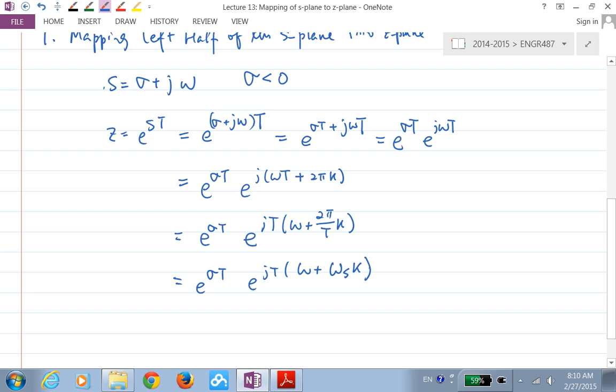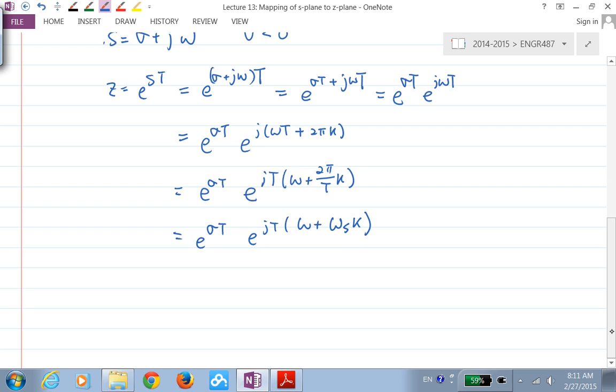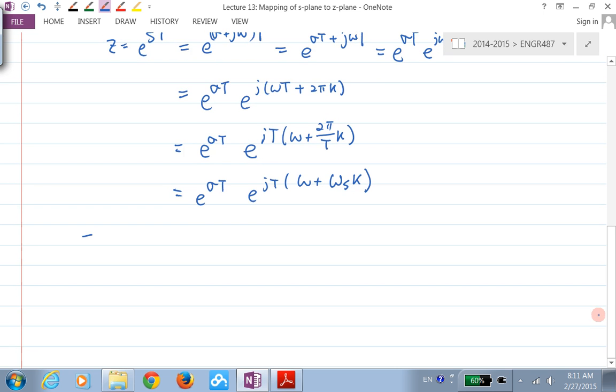So when you have an S-plane pole with the mapping, here is the nature of the mapping in general. What do we observe here? First observation, I'll draw a diagram right here.